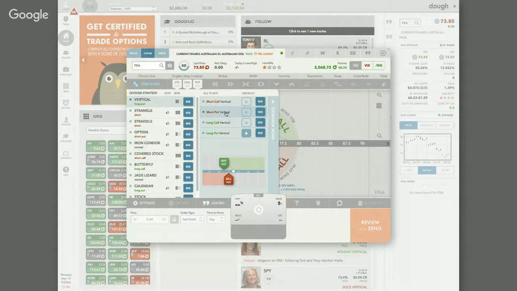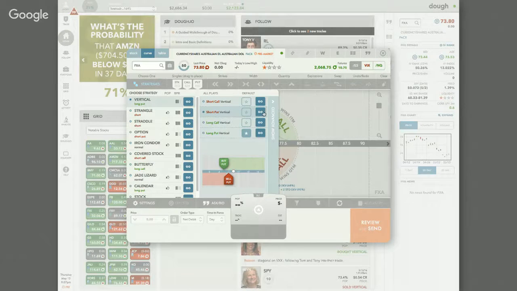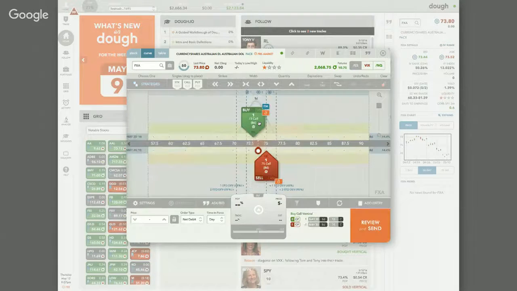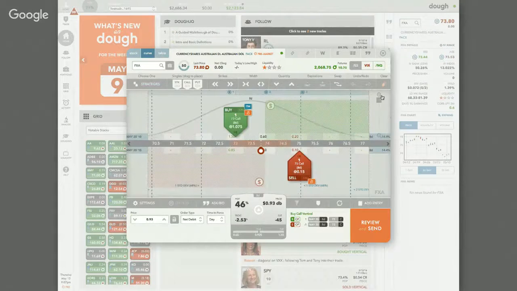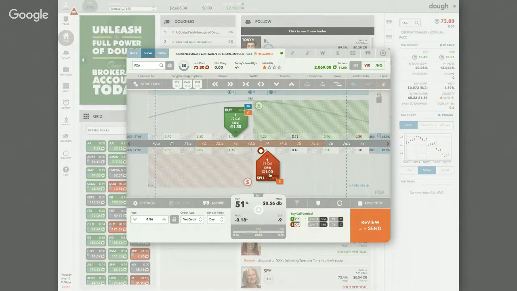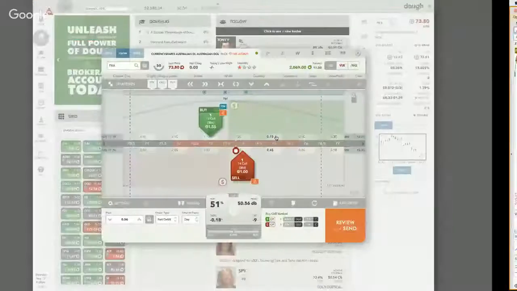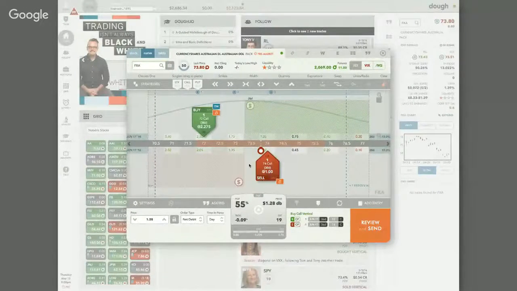All right. So FXA, I would say it's borderline between selling a credit spread or a debit spread. So let's check, sorry, a long call vertical for FXA. Just pick 36 days, okay. 74, nope. What about 72, 73?